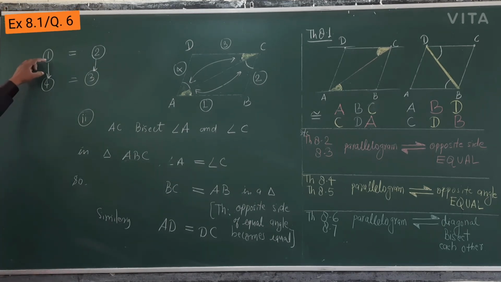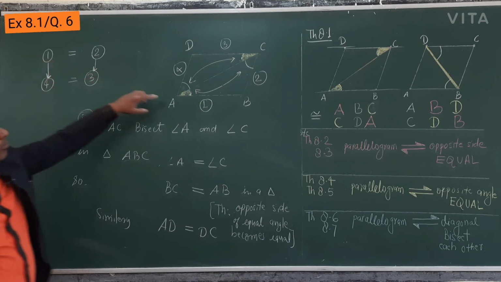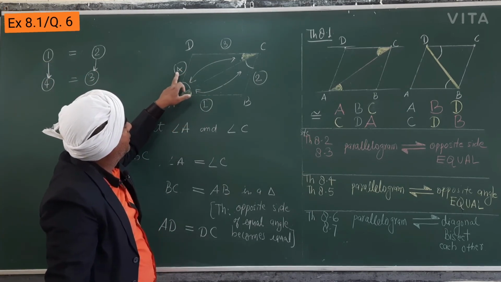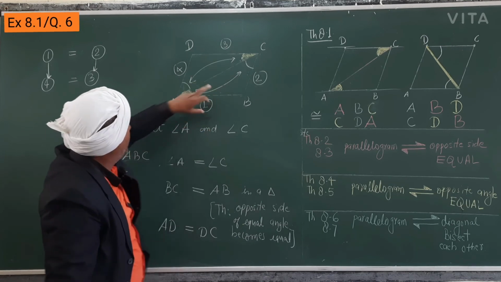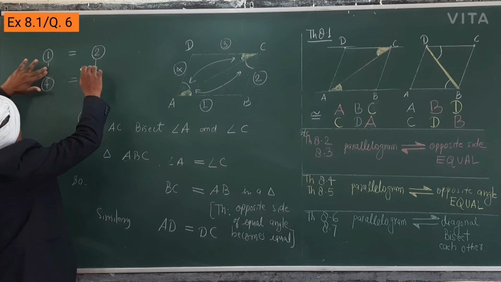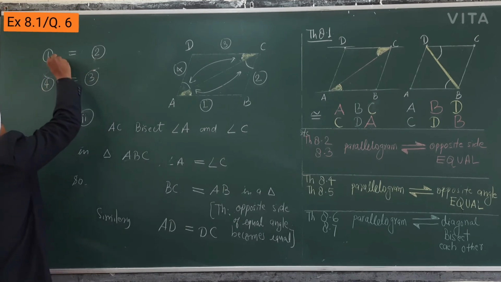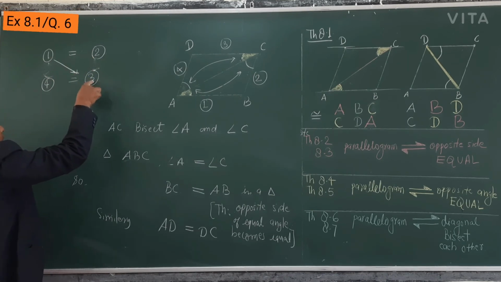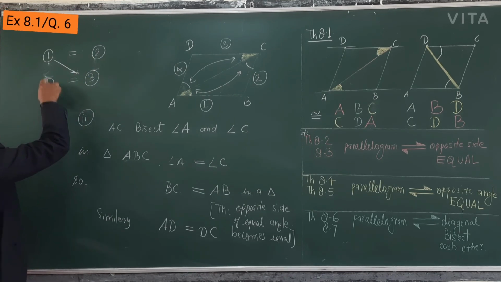And who will say this? 1 equals 4, or 1 equals 3. If it is not directly 1 equals 4, but if anybody says 1 equals 3, means 1 equals 3, 3 is equal to 4, and 1 equals 2.